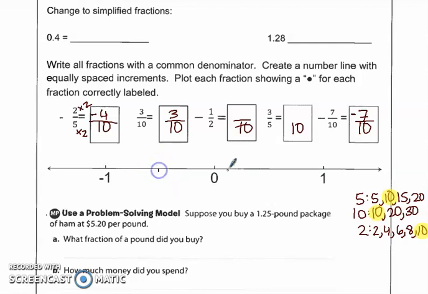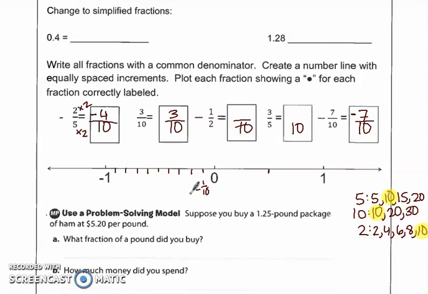That kind of helps me sometimes. 1/10, 2/10, 3/10, 4/10, 5/10, 6/10, 7/10, 8/10, 9/10, 10/10. But these are negative, right? This would be negative 1/10, negative 2/10, but I could simplify that, okay?